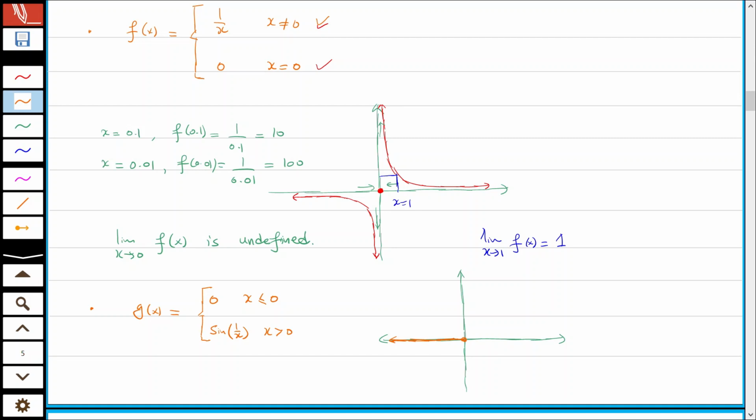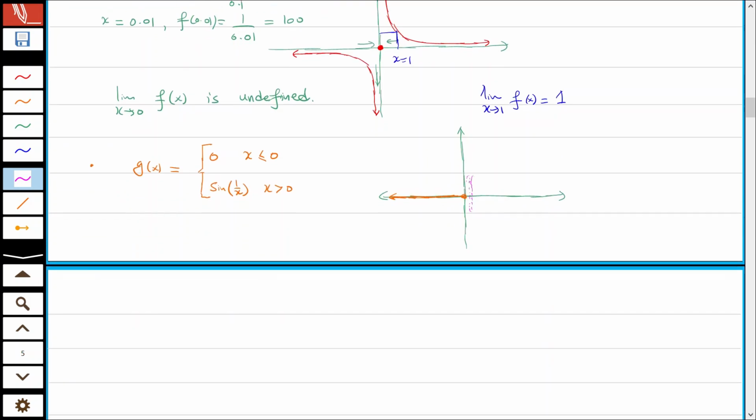Sine 1 over x, that's a highly oscillatory function here. I'm putting dots because it oscillates too fast. It's oscillating too fast here.